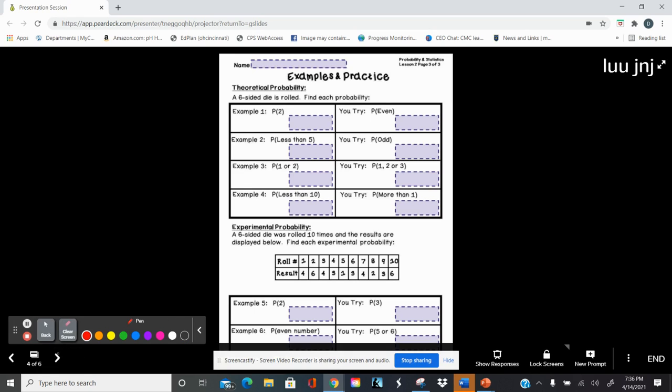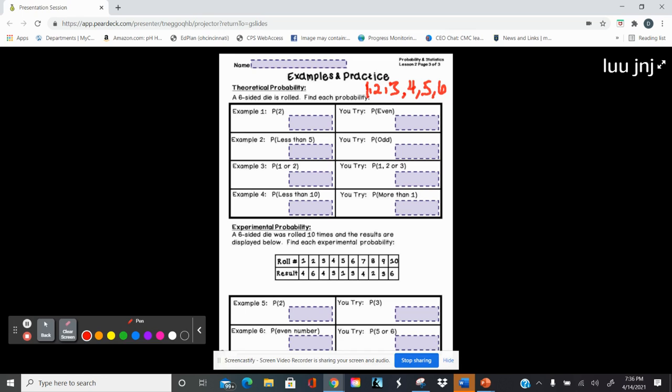Our possible outcomes would be 1, 2, 3, 4, 5, and 6. I'm sorry, the marker is very large, so my handwriting is not going to be the greatest on here. Okay, so those are our possible outcomes.